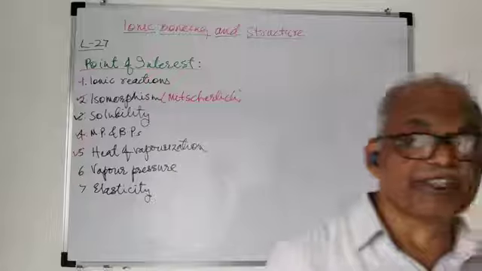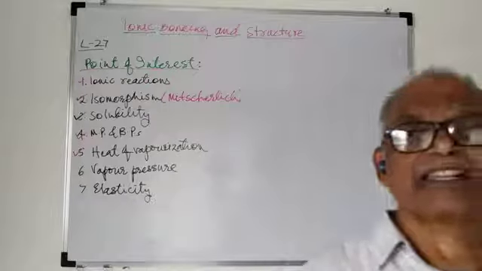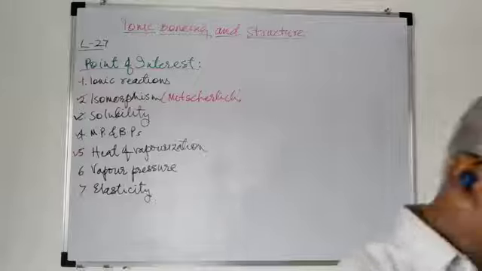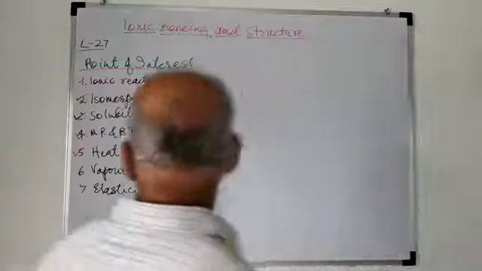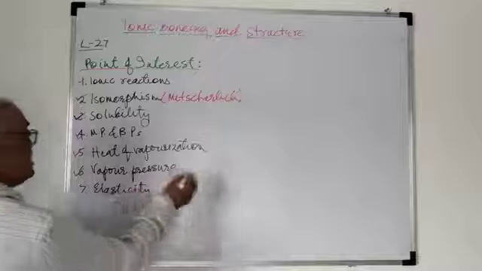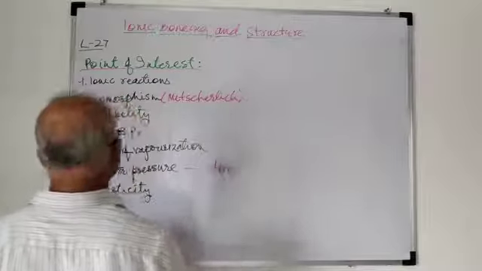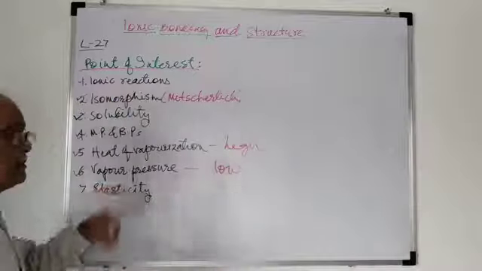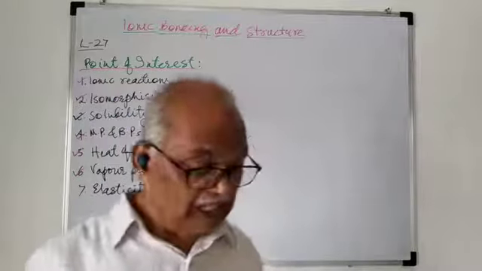It requires more heat to get vaporization. Then the vapor pressure of such ionic solids is low. Heat of vaporization is high and vapor pressure is low.